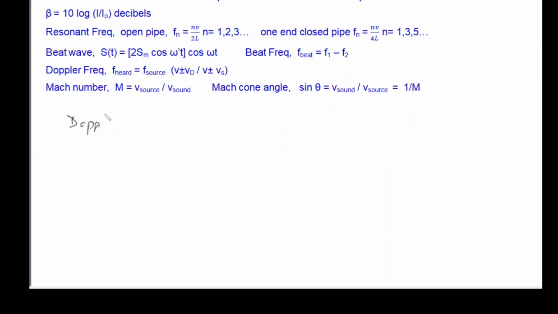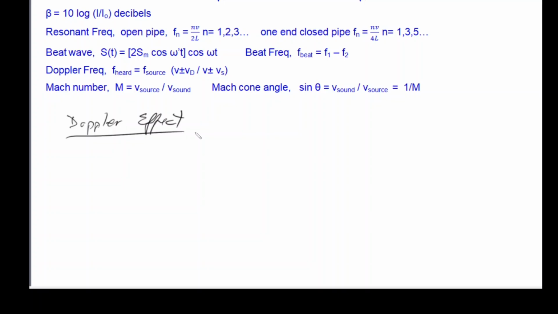Now we can discuss the Doppler effect. And everybody's heard this. A train blowing its whistle that approaches you and then moves further away, you hear a shift in the frequency. Same thing with a siren on a police car.